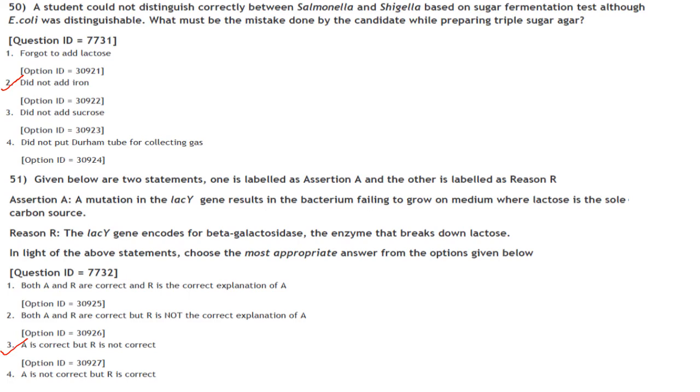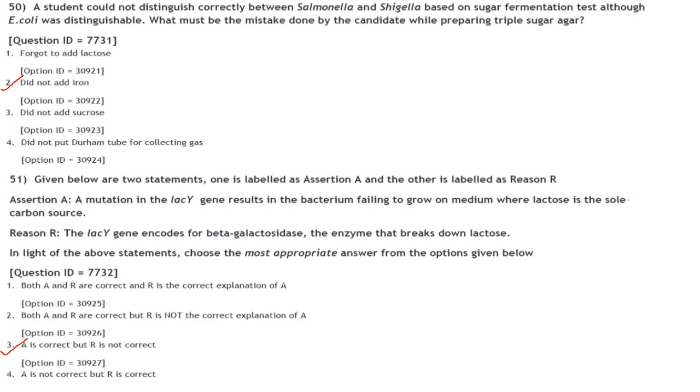E. coli could be distinguished based on yellow slant and yellow butt. But Salmonella and Shigella give red slant and yellow butt. But if you had added iron, then H2S production could be distinguished between the two bacteria, as H2S is produced by Salmonella and Shigella does not produce H2S. So they had forgotten to add iron. That is why they could not distinguish correctly between Salmonella and Shigella.